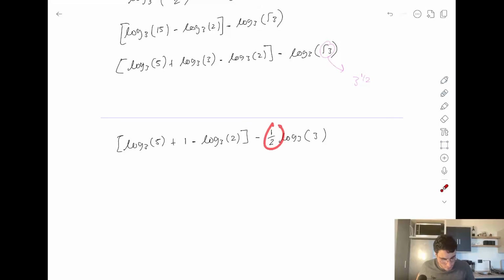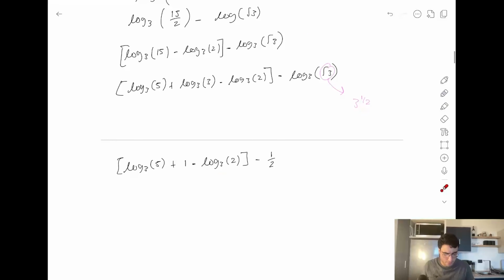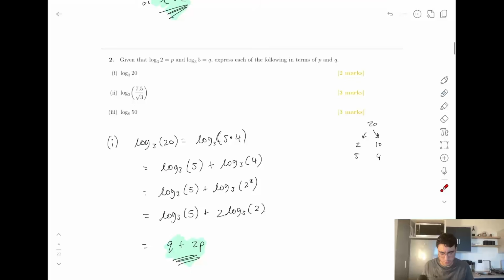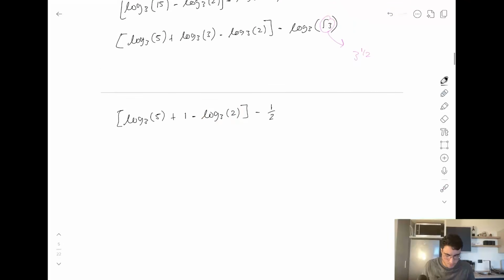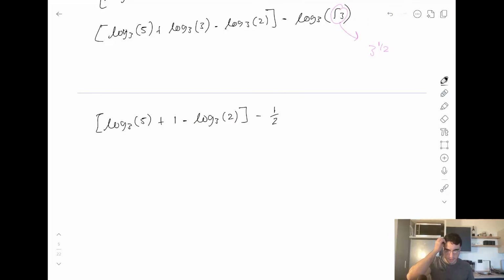We are left with a half log base 3 of 3. And what power must 3 be raised to get to 3? Well, that's 1. So we can get rid of that. So what do we have now? Log base 3 of 5, log base 3 of 2. We know that log base 3 of 5 is Q. We know that log base 3 of 2 is P. So putting this all together, guys, we can say that Q minus P plus a half is our final expression.